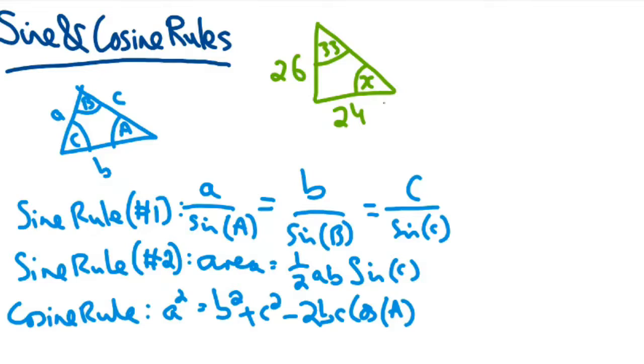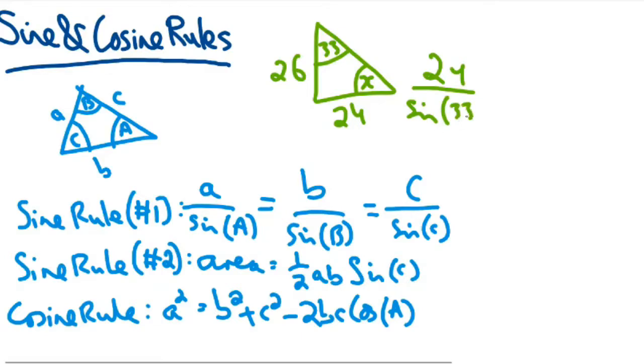Okay, so within this question, we again have two sides and an angle, and we want a second angle. So we're going to be using the first sine rule, meaning that we can say 24 over the sine of 33 is going to equal 26 over the sine of x. We want to make sine x the subject, so we're going to times it up, then bring the other fraction on the side, just like we did in our example.